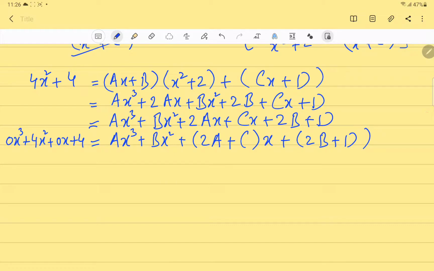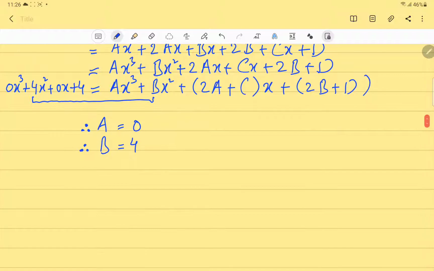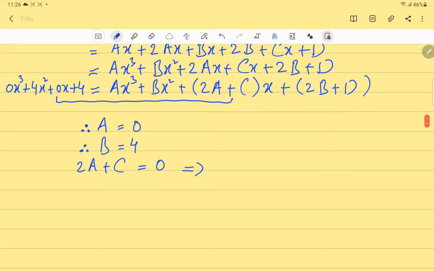First of all we will compare the coefficients of x cubed. So a is equal to 0. Then we will compare the coefficients of x squared. So in that case we will get b is equal to 4. Then we will compare the coefficients of x. So we will get 2a plus c is equal to 0. We have the value of a as 0, so c is also equal to 0.